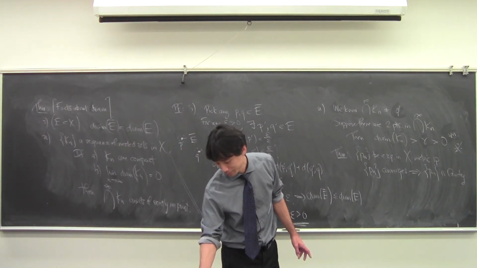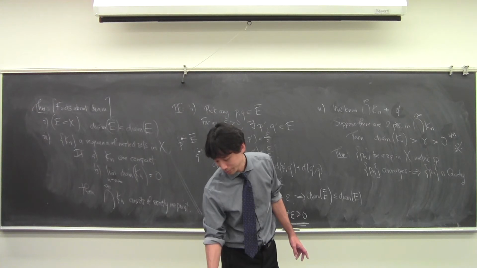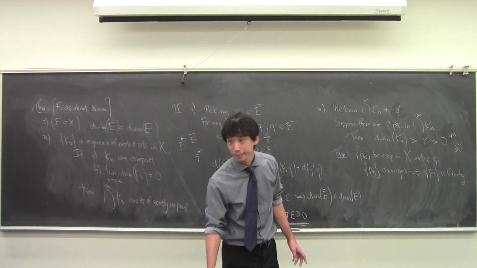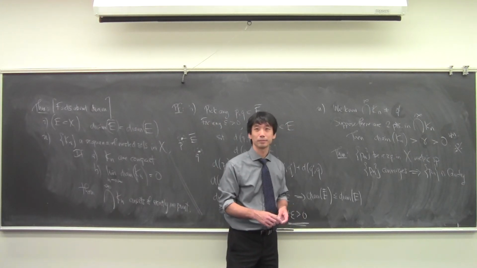And that's for any epsilon. So it's approaching this point P. If you pick right here, this is your n. You pick any 2 points, then any 2 points past that.